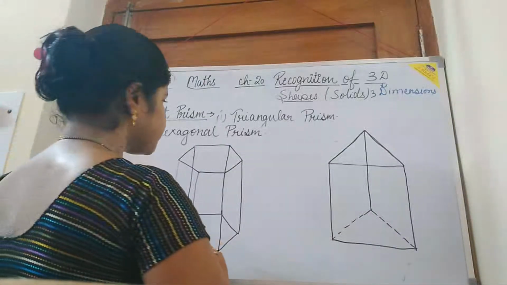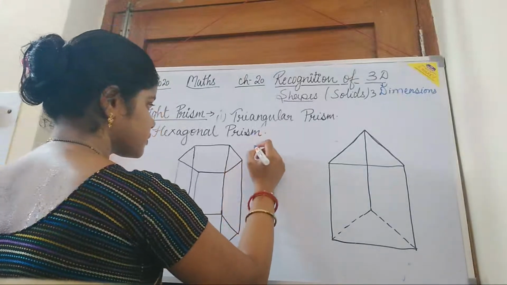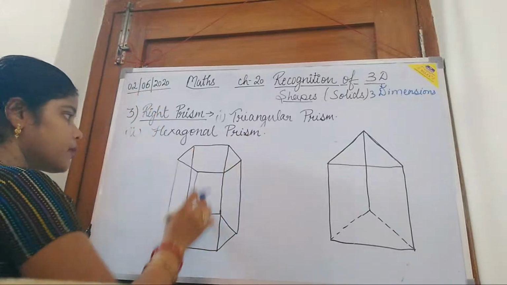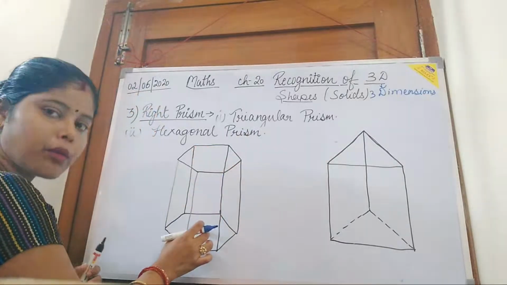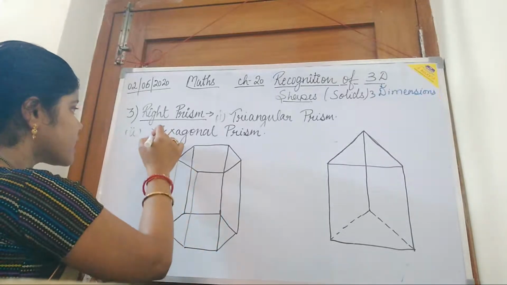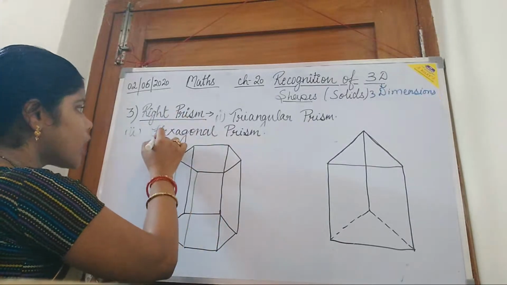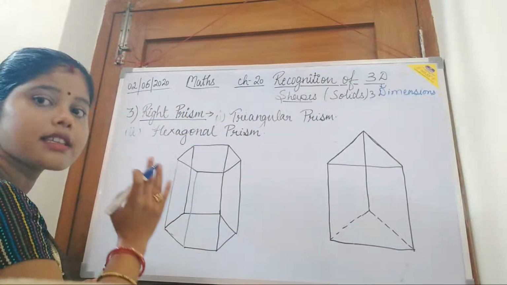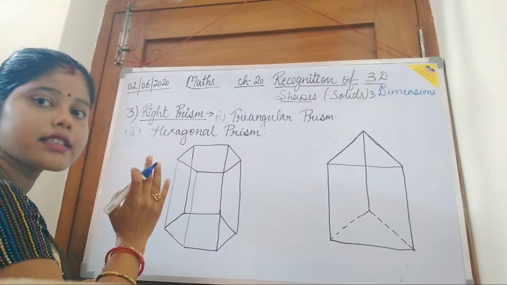So why is it named a hexagonal prism? Because its identical top and bottom faces are in the shape of a hexagon. That's why this right prism is called a hexagonal prism. And how many rectangular faces does it have? 6. So, 2 identical faces.